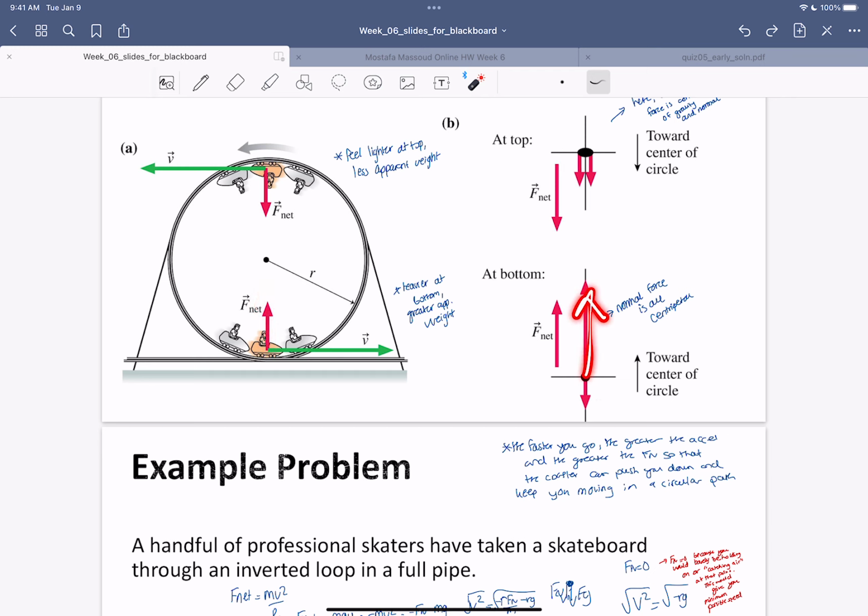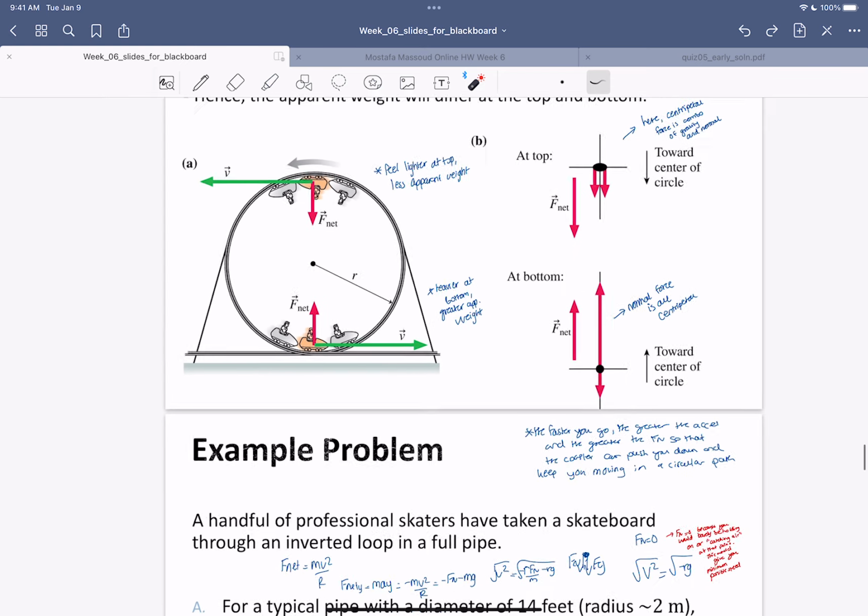That's why our normal force should be greater than our gravity, because the normal force is directly giving us that centripetal force and centripetal acceleration. If the normal force is greater than gravity, then our apparent weight is greater than our actual weight. That's why you feel a little bit heavier at the bottom than at the top.